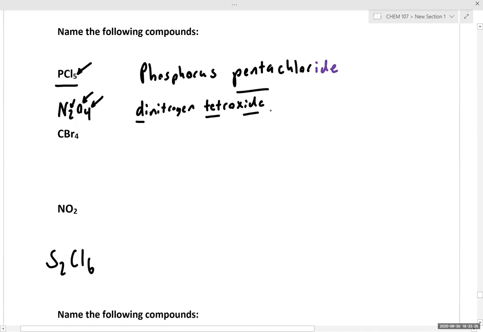Do these representative examples make sense to everyone? I'd like you to work on these 3 examples and we'll discuss naming the following binary covalent compounds in about 3 to 4 minutes.